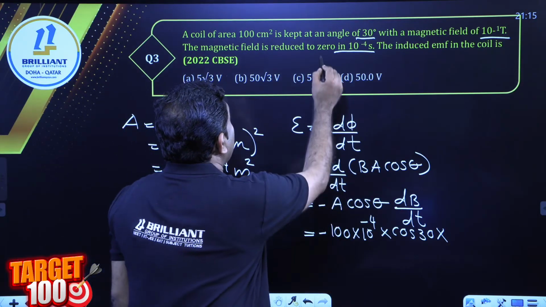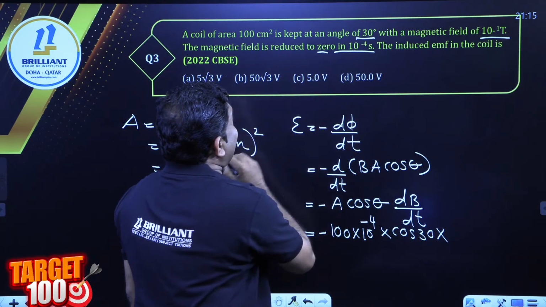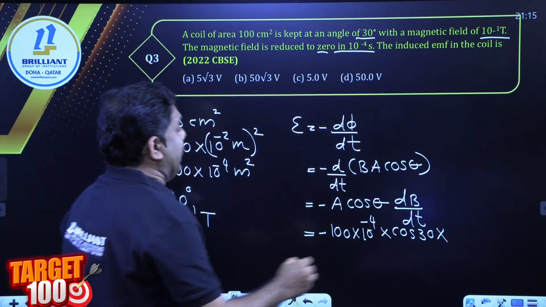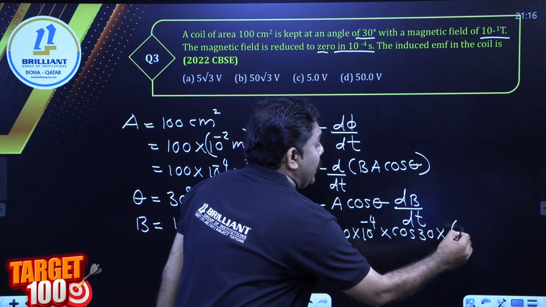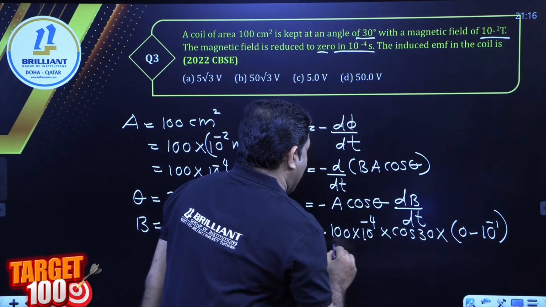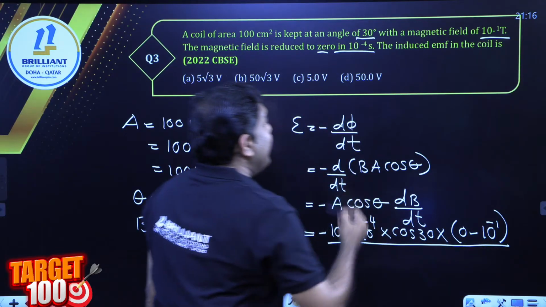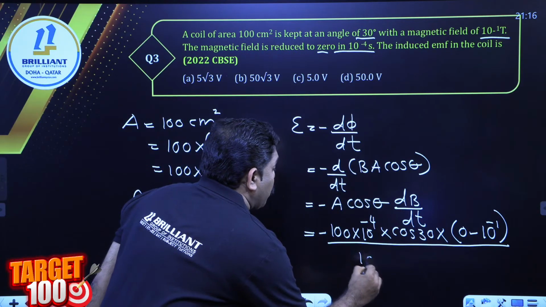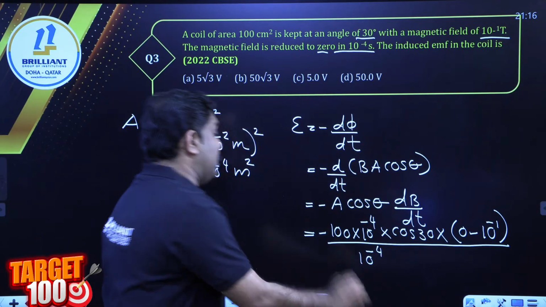The final field is 0 and the initial field is 10 raised to minus 1. So 0 minus 10 raised to minus 1, divided by the time interval, 10 raised to minus 4.